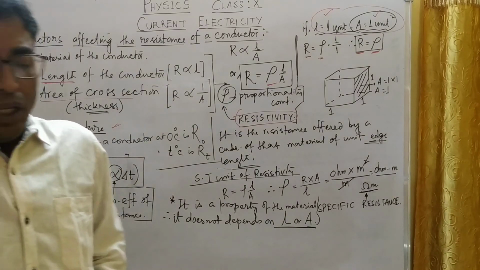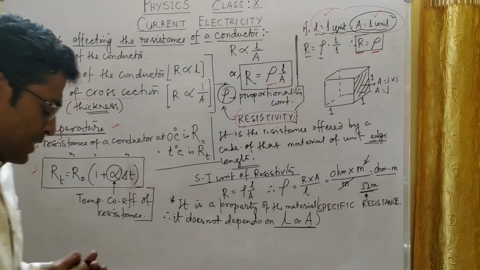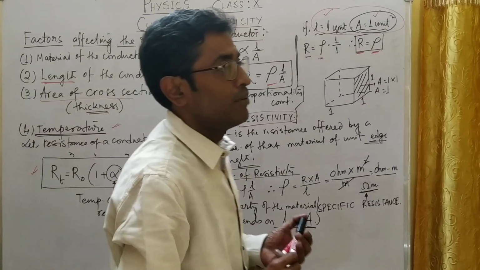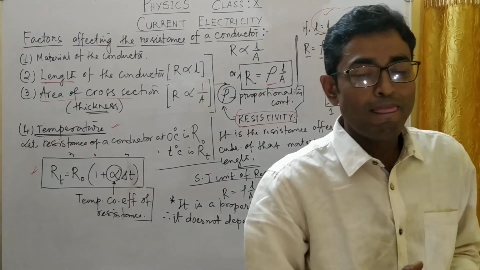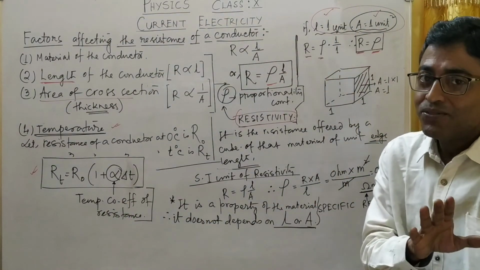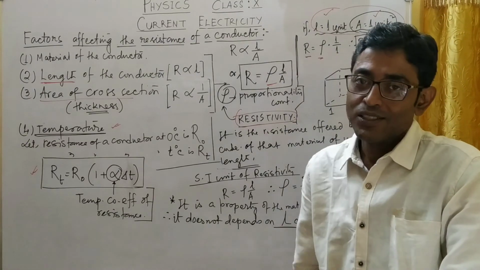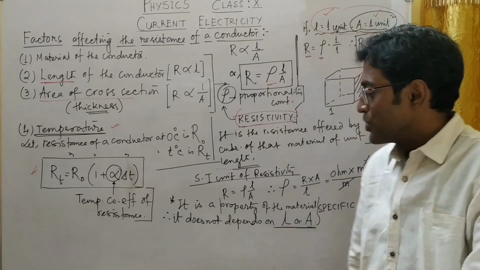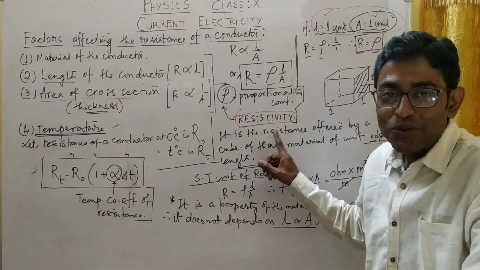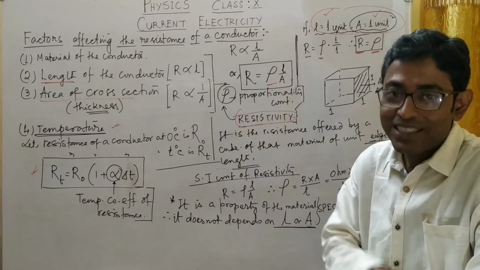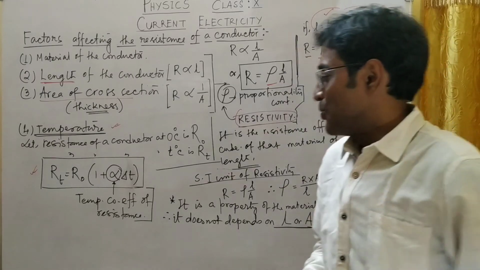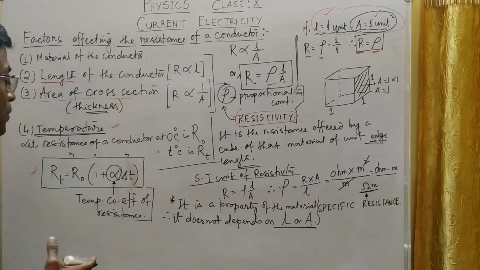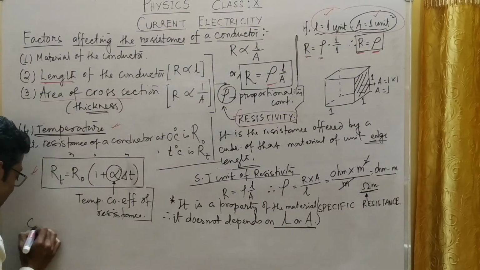Okay. So as in the topic of resistance we have learned about conductance. What is that? The opposite of resistance is known as conductance. We all know that. Now there must be one thing that is the opposite of resistivity. What is that? That should be conductivity. So next we will learn about conductivity.